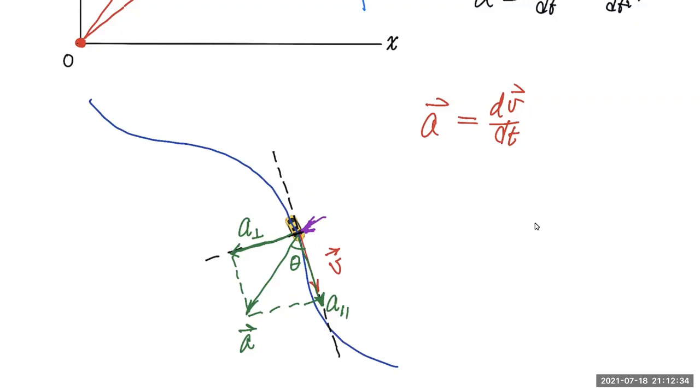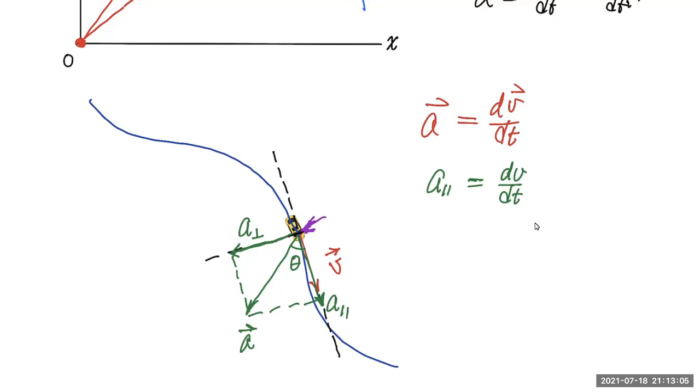So that means the speed is actually increasing at this point. A parallel is responsible for the change in speed. I can write A parallel as dv/dt. This v is the magnitude, okay? You notice I didn't put an arrow here, it's the magnitude. Sometimes the magnitude doesn't change, and then dv/dt will be 0, so A parallel will be 0. That means you only have A perp left.